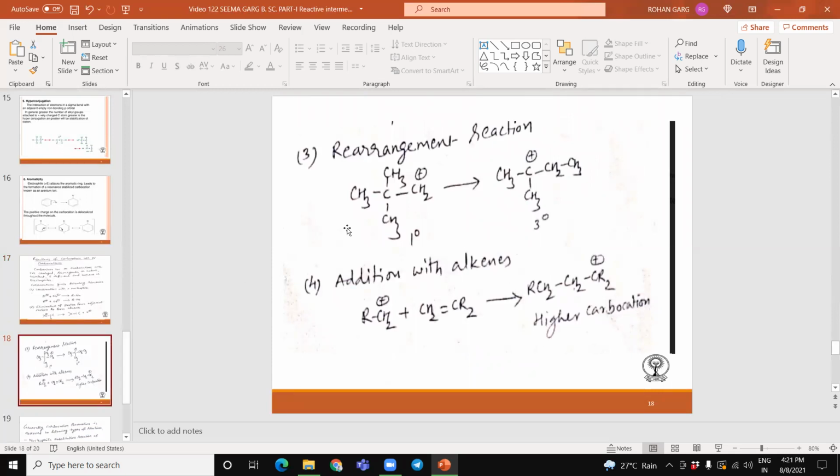Rearrangement reactions, carbocation can rearrange. This is the primary. As we know, tertiary is more stable, so it will rearrange. So it will give rearrangement reaction. Addition with alkenes, it will give higher carbocation. So it will react with alkenes. It will give addition reaction with alkenes.